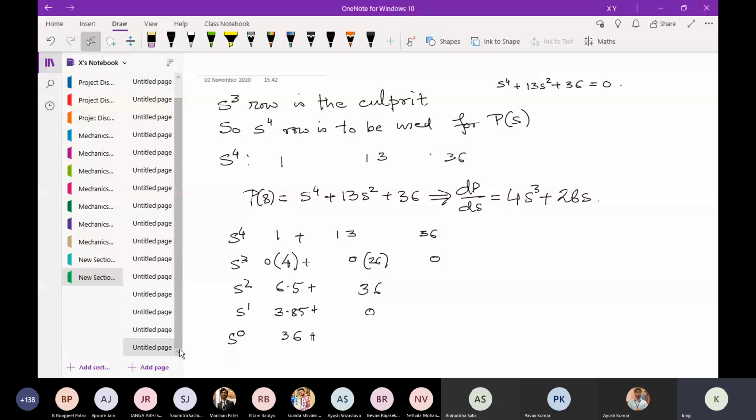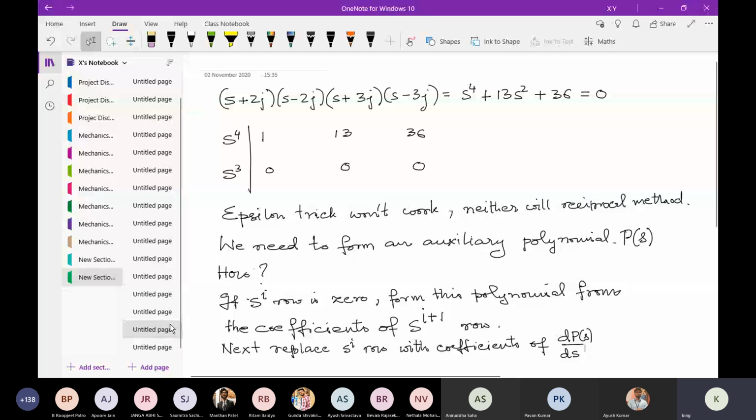Now this situation that we have described is occurring right here at the beginning. We could have a case where, let us say I am dealing with a 7th order polynomial and all these zeros happen at S3, as in this case. So it means it is at the S4 level that there is a culprit polynomial.